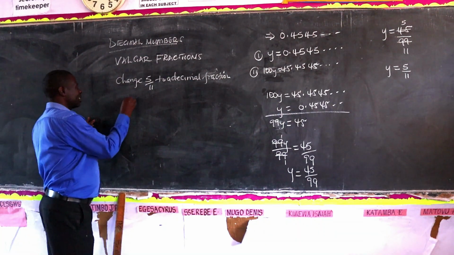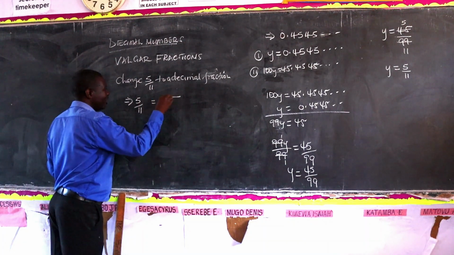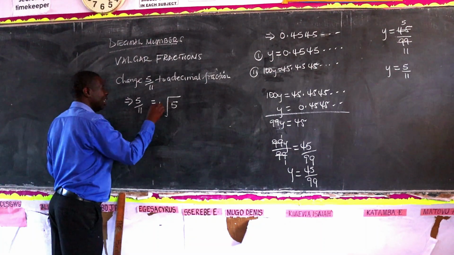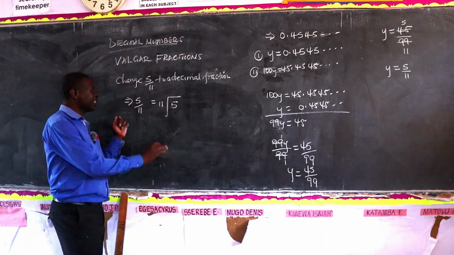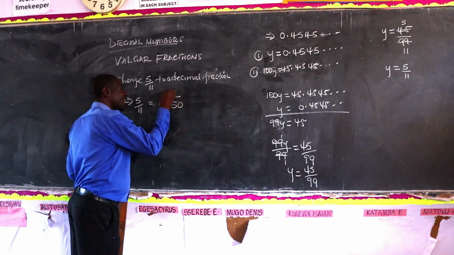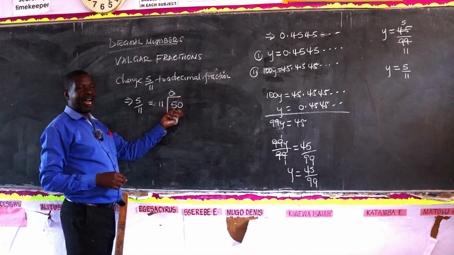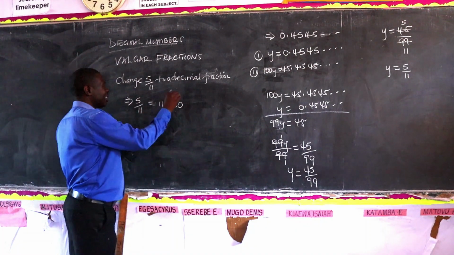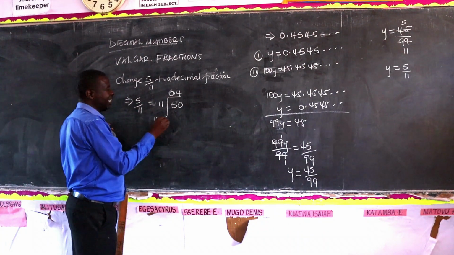Using the long division sign, get the numerator divided by the denominator. This becomes 5 divided by 11, which is impossible. You put a 0 and a 0 up. As you put the 0 up, put a decimal point. This becomes 50 divided by 11, we shall get something like a 4. Then 4 times 11, you get 44.